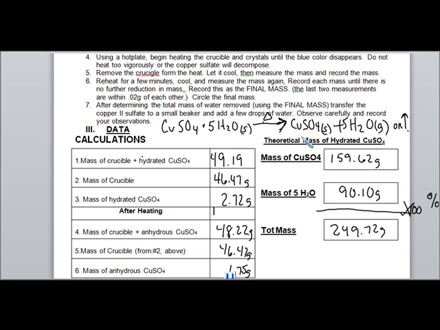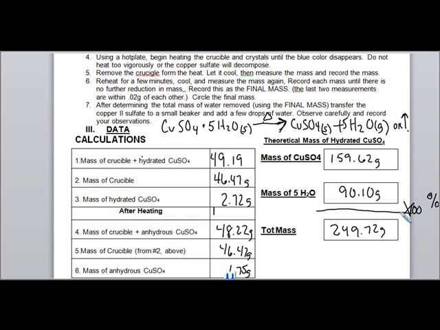Everybody got the picture? Now, when you're talking about 1 mole, the masses come out to this. 1 mole of copper 2 sulfate pentahydrate has a mass of 249.72 grams. 90.10 grams is water, and 159.62 grams is copper 2 sulfate, right?